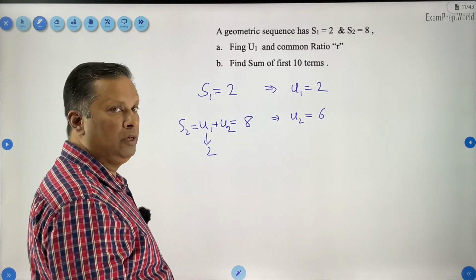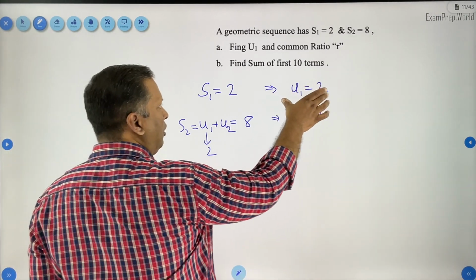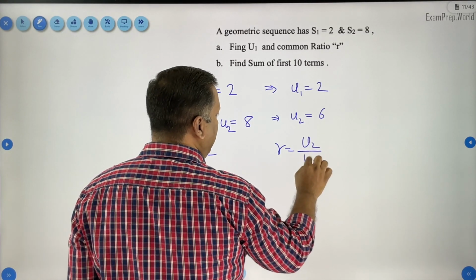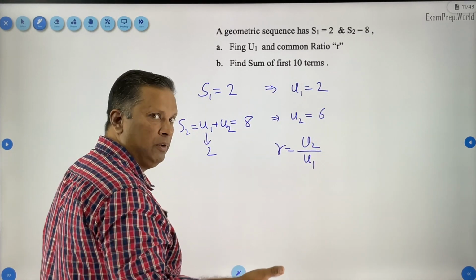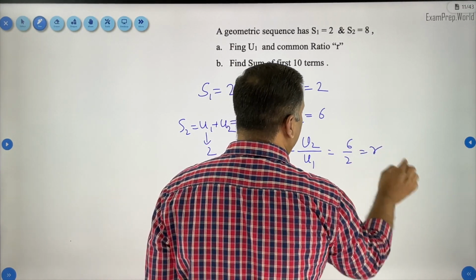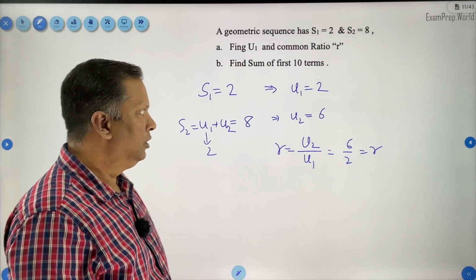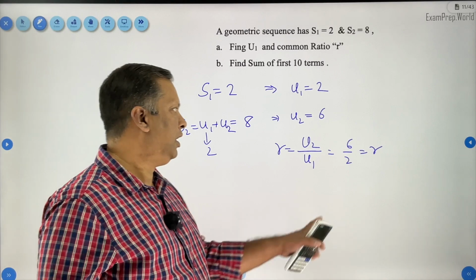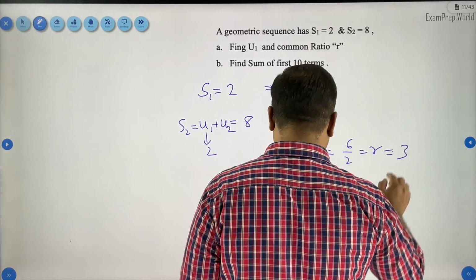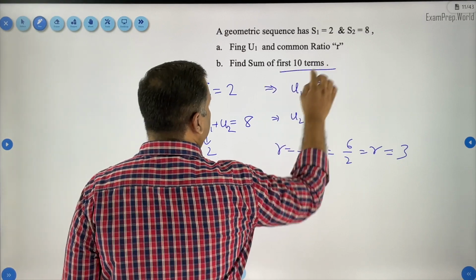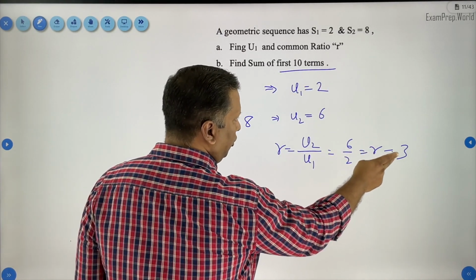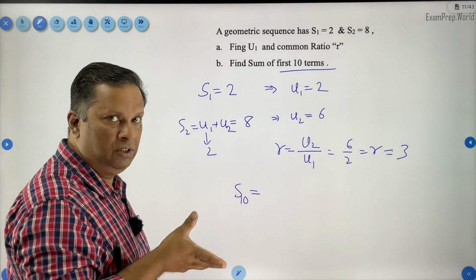Now you have to find the common ratio. Since it is a GP, you have U1, you have U2. R will be U2 divided by U1, second term divided by first term, which is 6 by 2, which is equal to 3. So we have to find the sum of the first 10 terms, S10, and R is this time more than 1. We will use the divergence series formula.